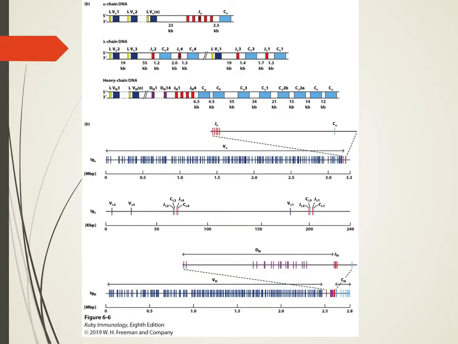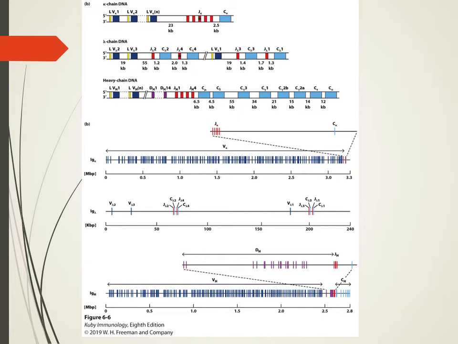So looking at our different chains, this is showing you the kappa chain. Again, you have your different variable regions, your joining, and then your constant. And if I were to put this figure onto the exam, and I said, is this a light chain or a heavy chain, that top one, the easiest way to tell is that there's no D, right?